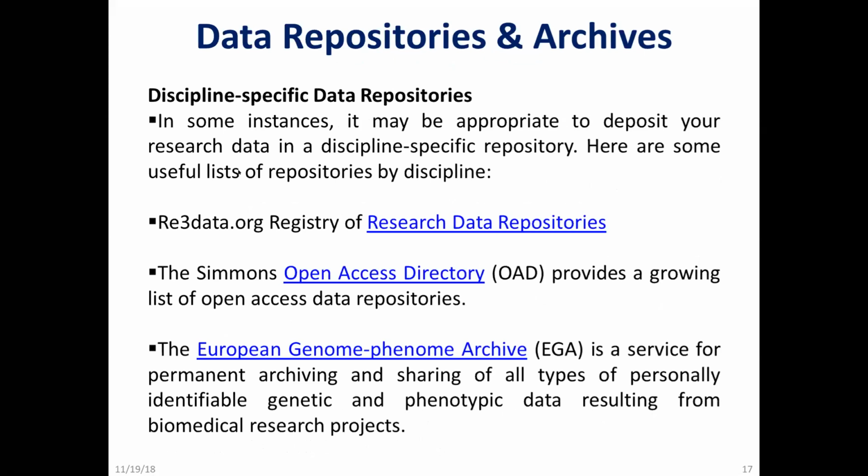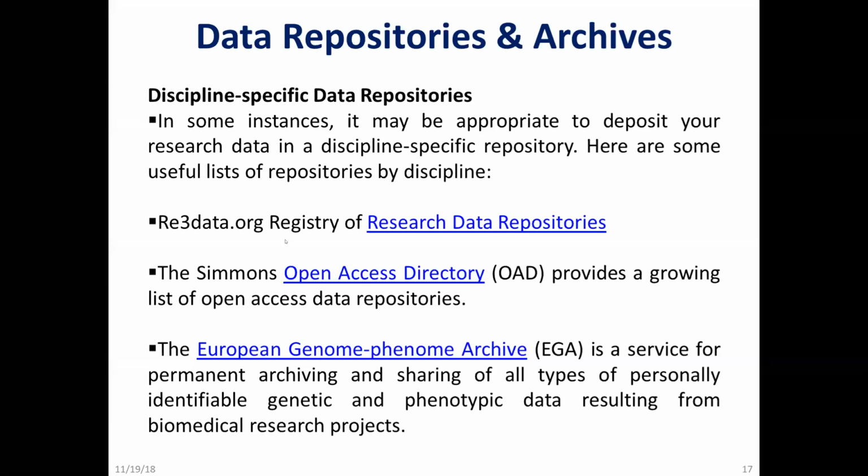This is also the same on the Open Access Directory. This is the archive. It may be more important to deposit your research data in a discipline-specific one. So if you work in climate change, look for a specific repository for climate change, and then you join that club and deposit your data over there. And re3data is a research data repository.